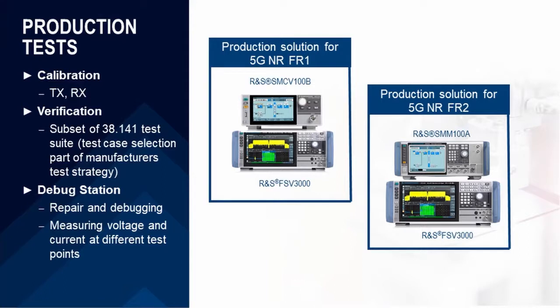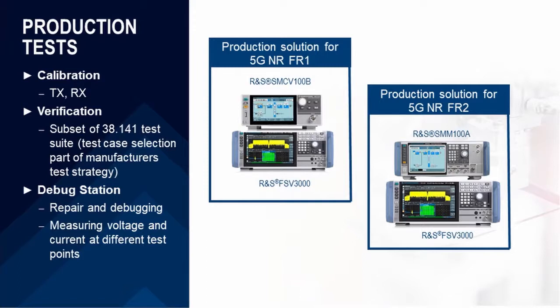And then coming to the solutions for calibration and verification in a production line, we do have two setups here. One for FR1, which includes the signal generator SMCV 100B, and then the signal and spectrum analyzer FSB 3000 series.